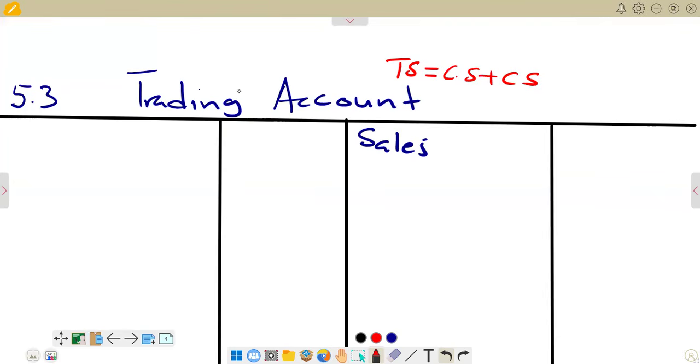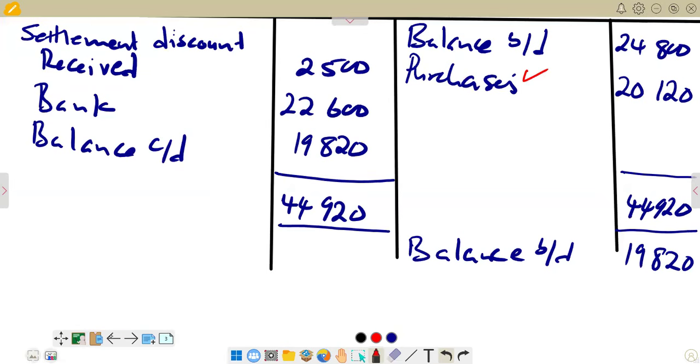The sales figure that we found in the control account represents the credit sales. So we are going to add the credit sales figure that we got in the trade receivables control to the cash sales figure that we are given in the question. Let's go back to find the cash sales figure in the question.